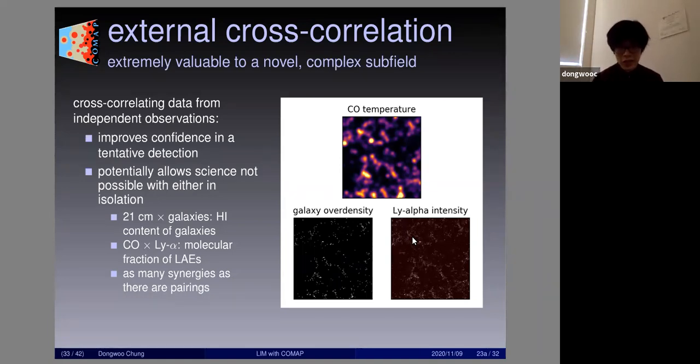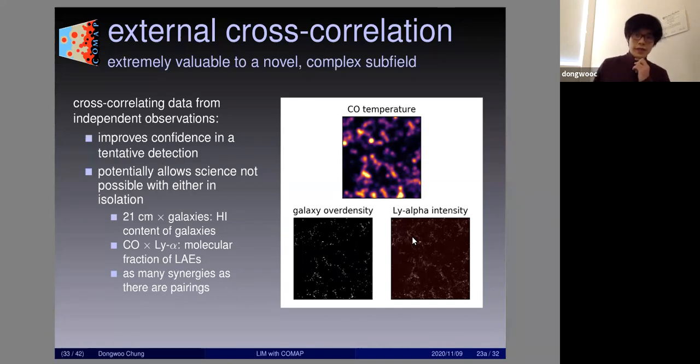But apart from validation, there's a real science case for any kind of cross-correlation, because it's going to be much more than just the sum of two autocorrelations. You're going to get synergistic science out of a cross-correlation that you could not get with the two data sets in isolation, and those synergies are going to be important when we try to understand the high redshift universe and all these very complex cosmic processes at work.